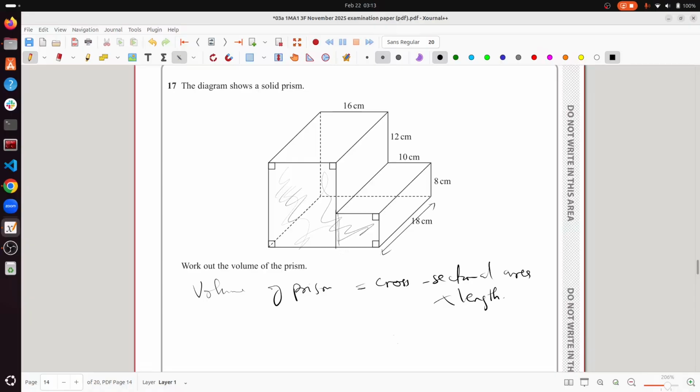We know that here is 16, from the 16 that is given there. So we need to find what this is. Going down there is 12, going down there is 8, so that is 20. So this area becomes 20 times 16, which is 320.